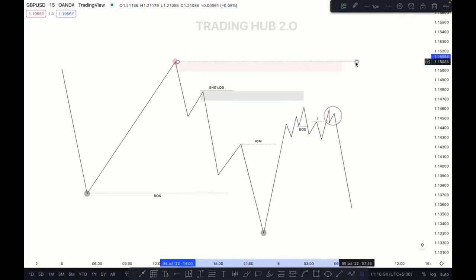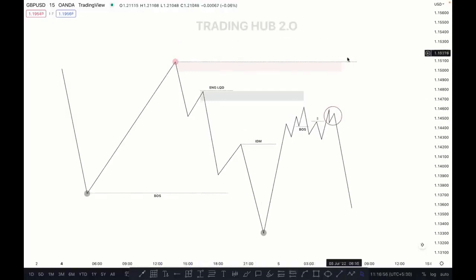The market takes out this high, that's called engineering liquidity. If the market closes above it, okay, then you can also apply the same thing here. Because this is our entry type 2, there is no need to mitigate any supply or demand zone.